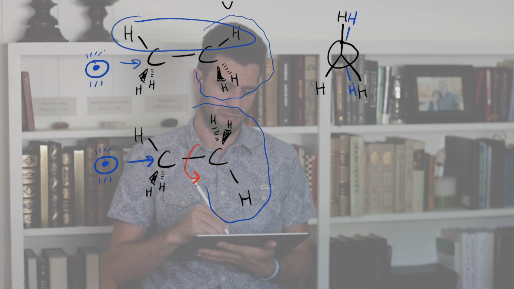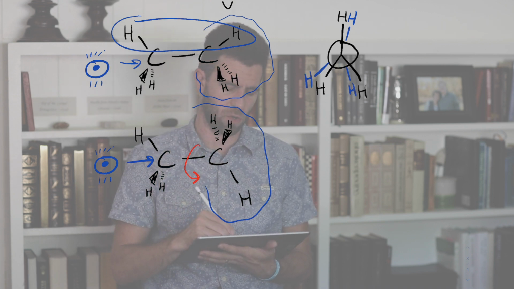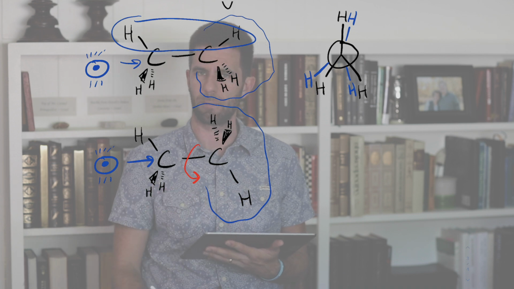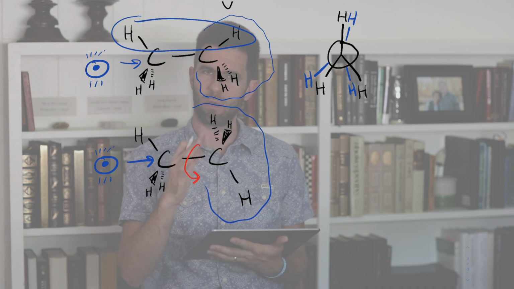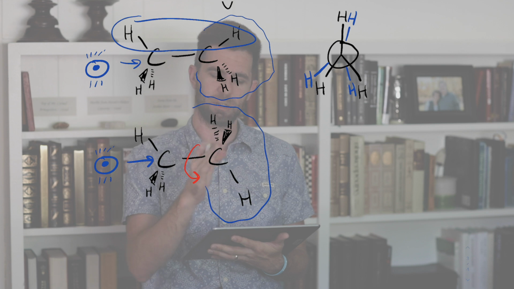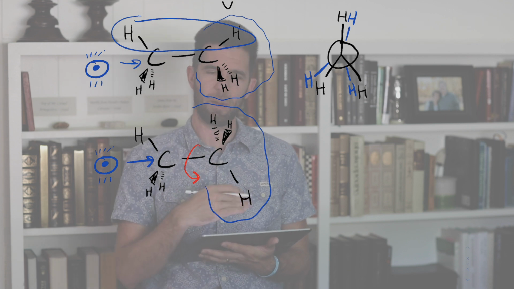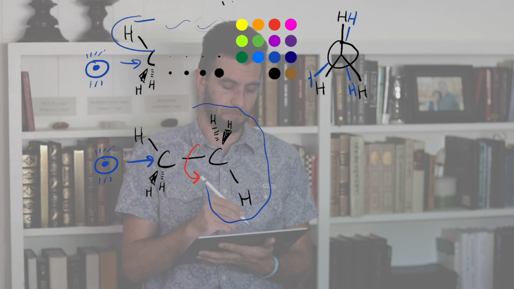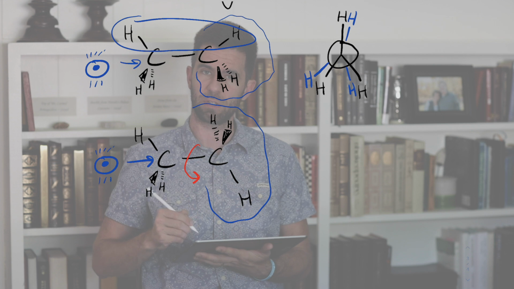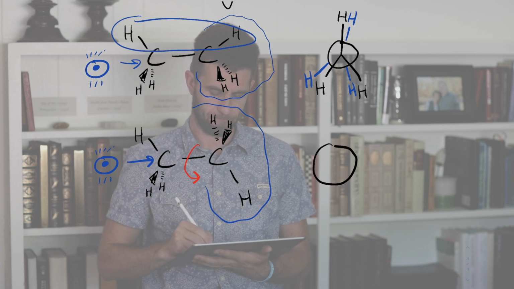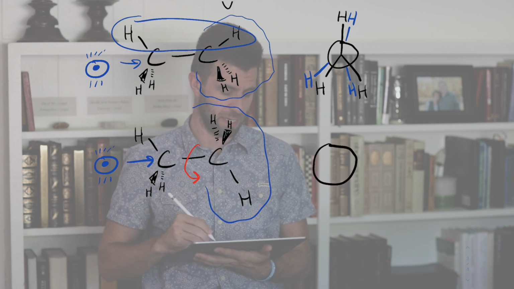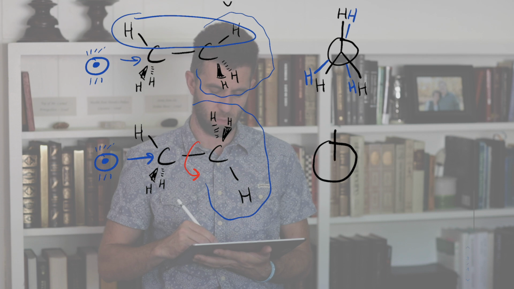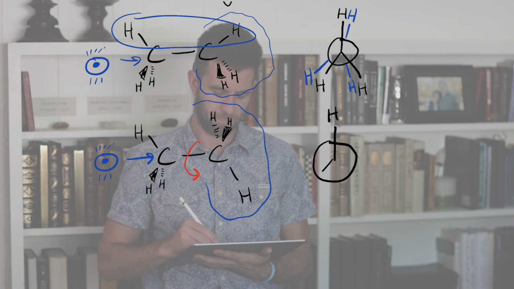Well, we notice that they're actually all going to be quite eclipsed right there. So that's what we're going to get when we look down those bonds. Well, what about the lower example here? What happens when we look down those carbons? In the front here, we see one coming straight up.